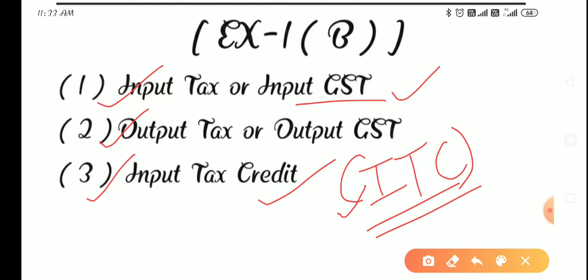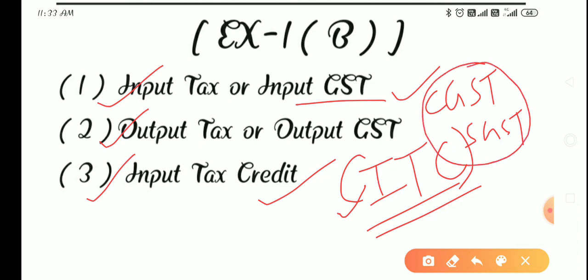So the tax to be paid will be CGST and SGST. So input tax will be the sum of CGST and SGST. Okay.